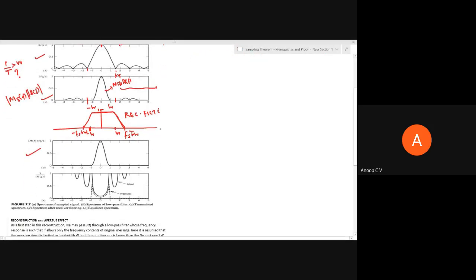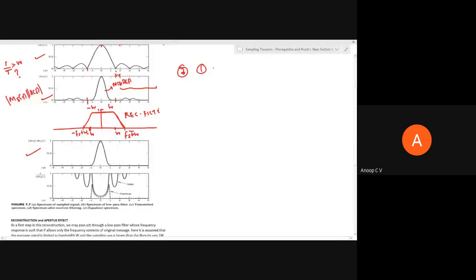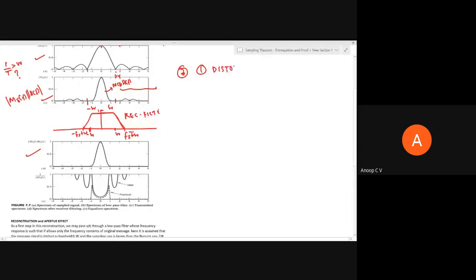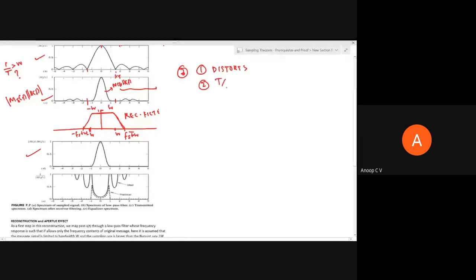So the aperture effect has two factors. One is that it distorts the reconstructed signal, and the second is that it provides an additional time delay of T by 2.